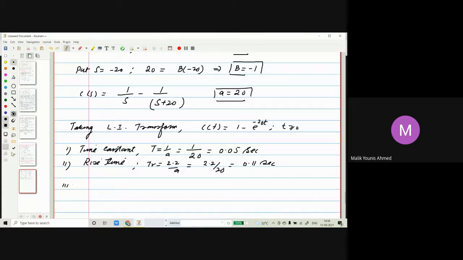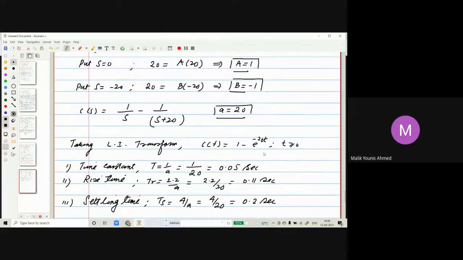Third is settling time. Settling time is ts, and that is 4 by a, 4 by 20, that is 1 by 5, is 0.2.